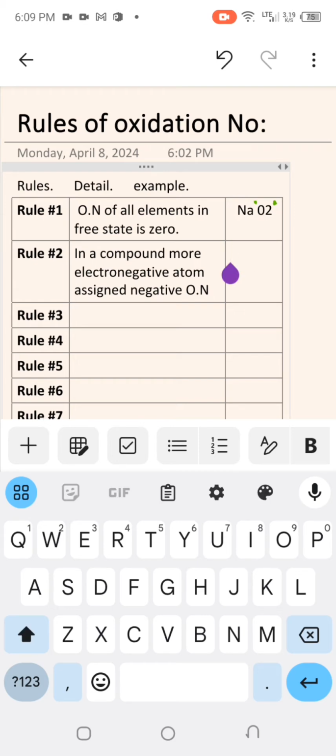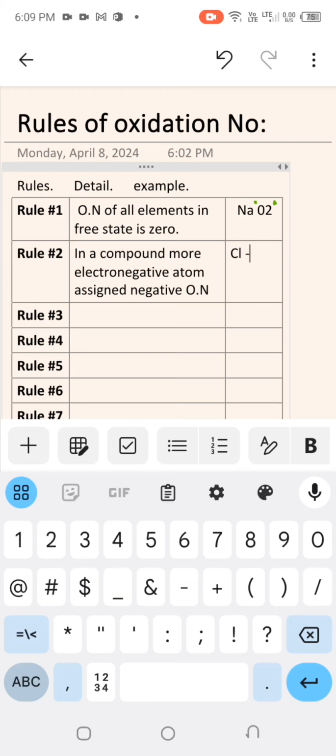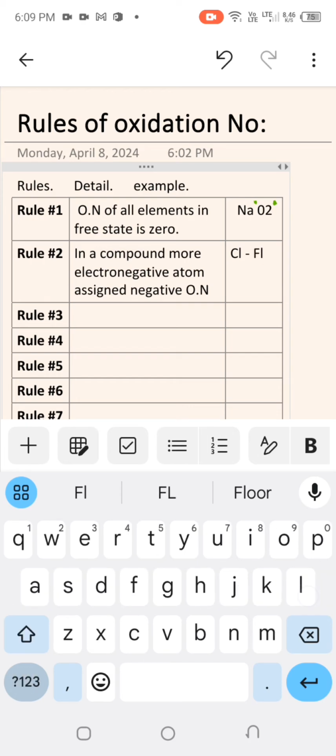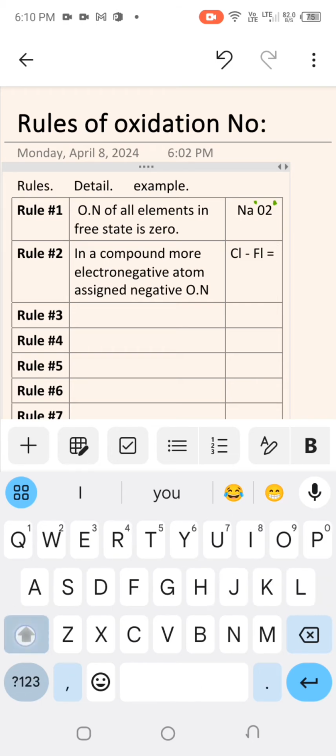For example, we have chlorine. Chlorine is less electronegative, so it contains a positive charge. And when we combine chlorine with fluorine, fluorine is more electronegative, so it will contain the negative charge.